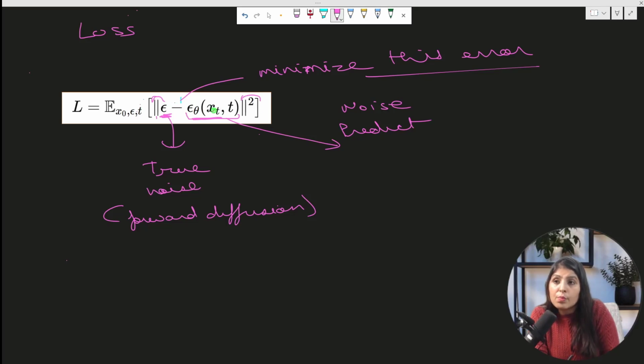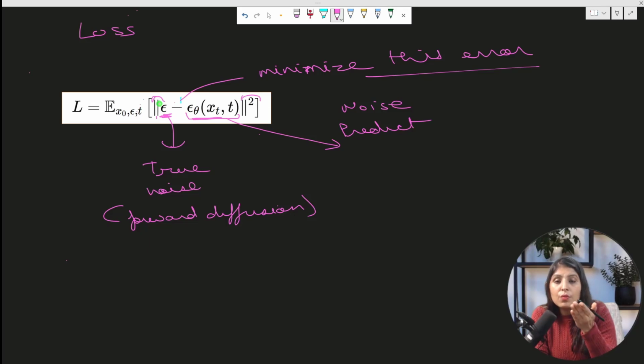And if our model is predicting the same kind of noise which we used in the forward diffusion process, that means we can remove the noise from the image at each time step more accurately, right? So that is what we want.